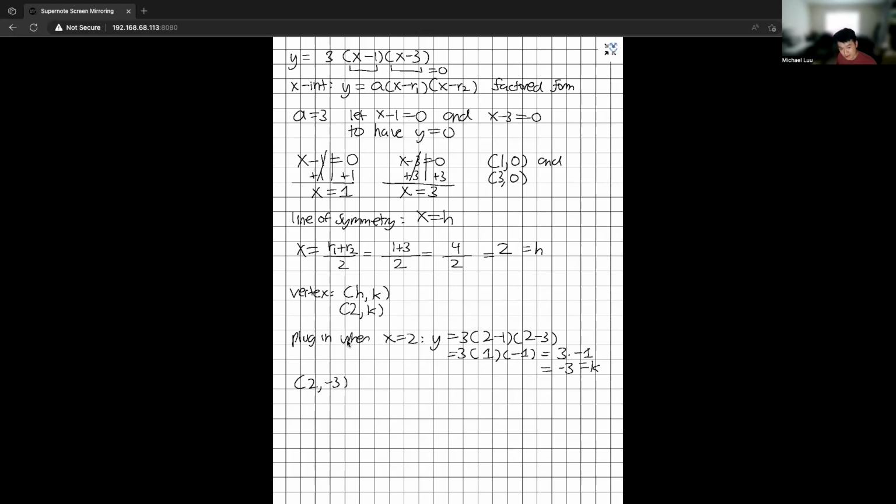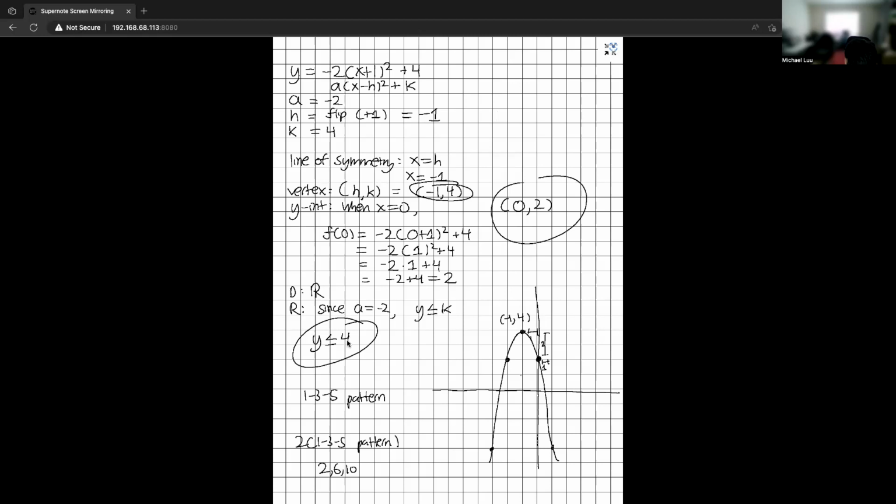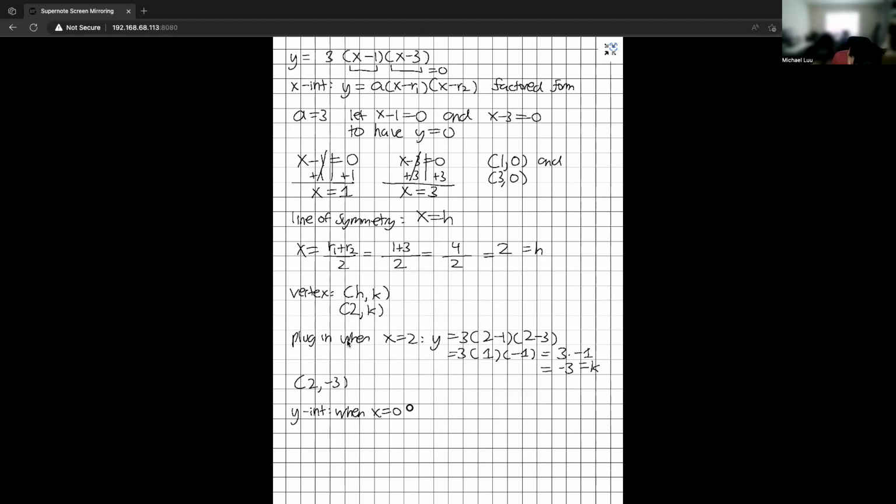What does that tell us? Well, that tells us a little bit more about something. But before I tell you what that does, let's figure out the y-intercept. That's basically when x equals 0, much like what we did in the last problem. We're going to plug it in.